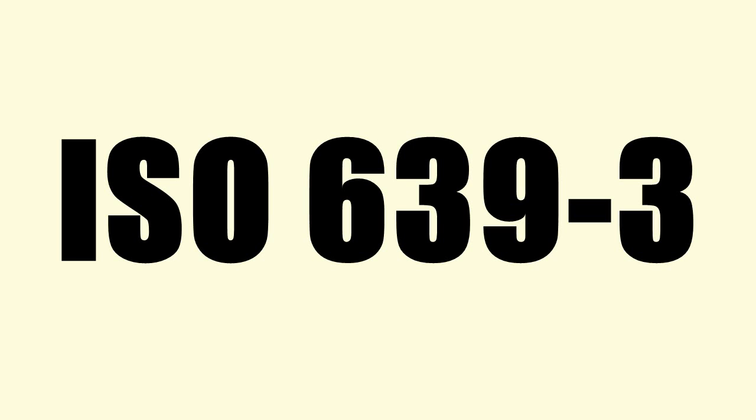Hence ISO 639-3 is not a superset of ISO 639-2. ISO 639-5 defines three-letter collective codes for language families and groups, including the collective language codes from ISO 639-2.